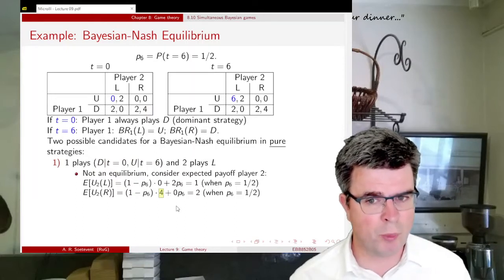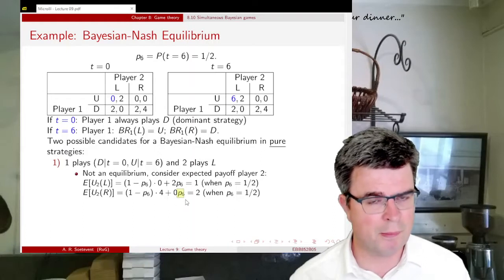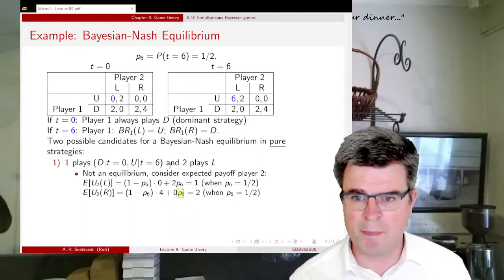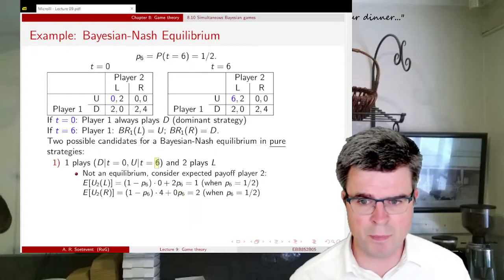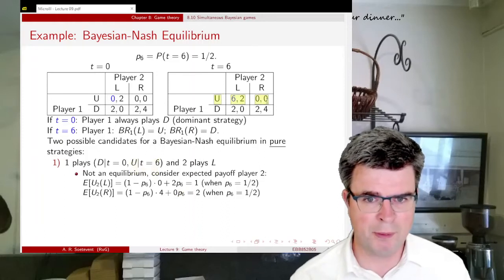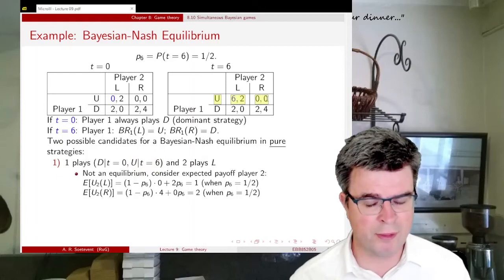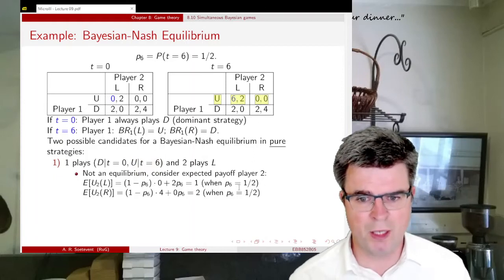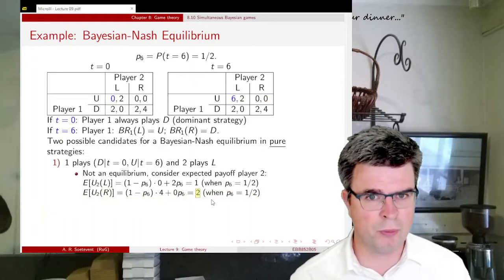However, if player 1 is of type T is 6, which happens with probability P6, then the payoff to player 2 is 0, because then player 1 will play up. If player 1 plays up, then the payoff to player 2 of playing right is 0. And the expected payoff, if we again assume that P6 is equal to 1/2, is equal to 2.